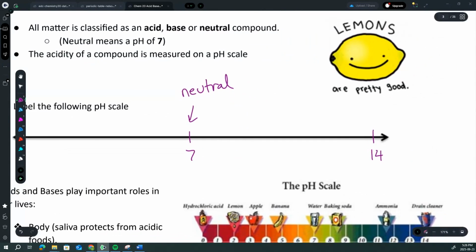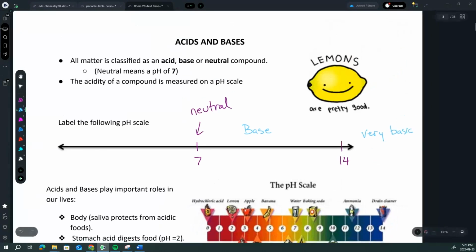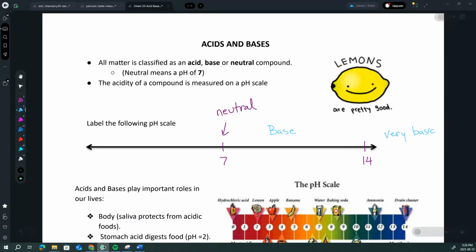And 14 is where we're going to have very basic substances. Okay, but anywhere above 7 or above a pH of 7 is going to be considered a base. Okay, 14 is just very basic.